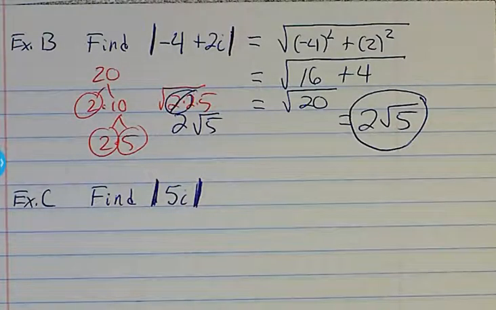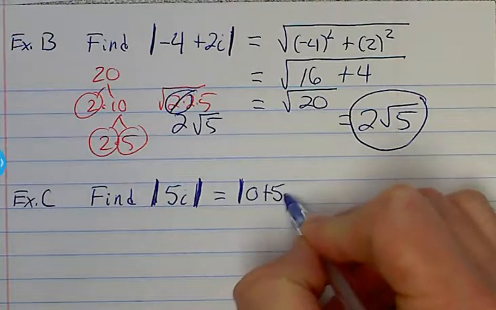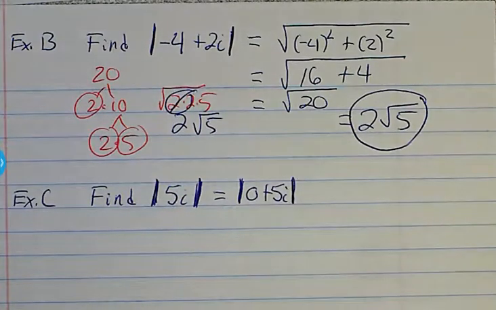So let's say they ask you to find the absolute value of 5i. If you think about that one, technically that would be 0 plus 5i. So if they ask you to graph it, you'd have to think about it that way.